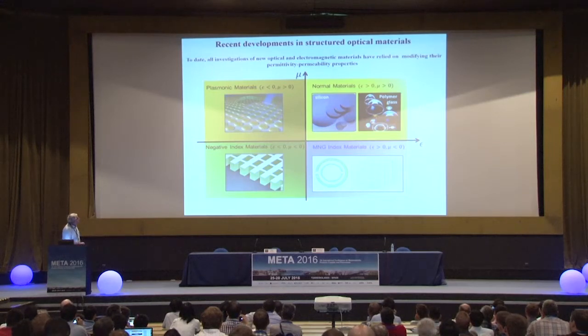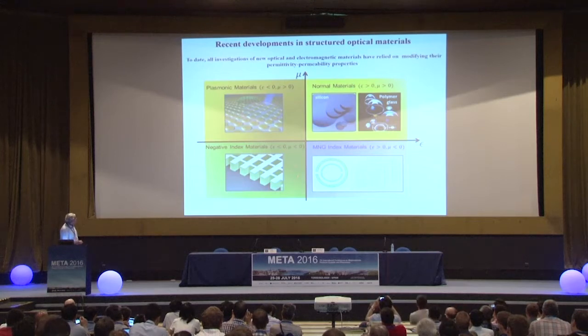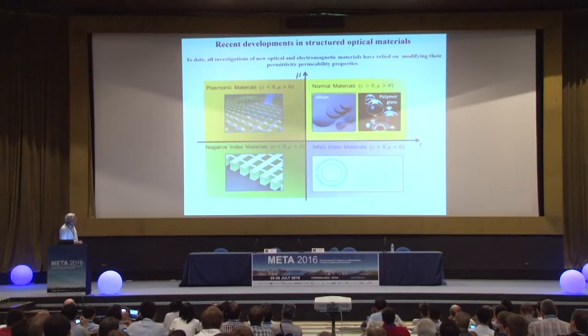If we venture over here where the permittivity is negative, we enter the plasmonic region. In this quadrant where epsilon and mu are negative, we're dealing with negative index materials. You may also consider this other quadrant, where we have other developments in terms of new structures, such as the ENZ. These are structures, materials that Nadir and Geda will be presenting very soon.